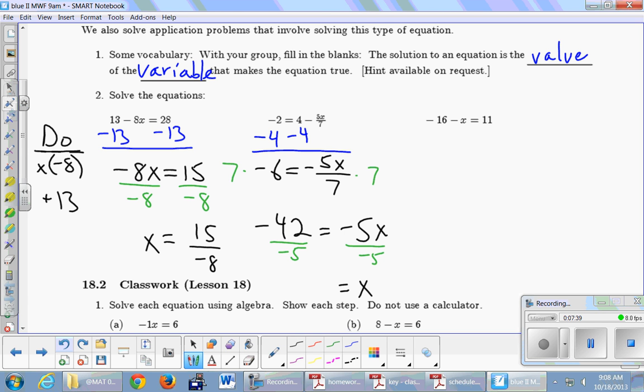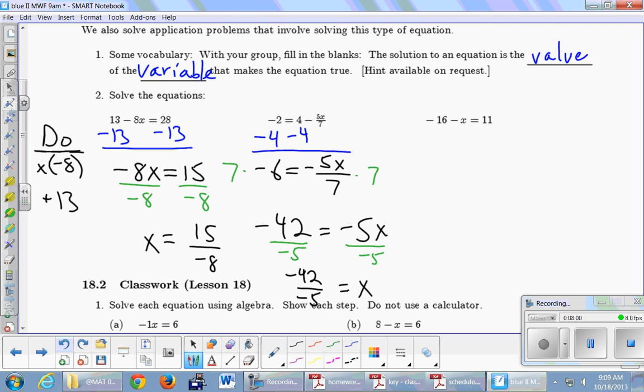X equals. Okay, given what I just said about fractions and mixed numbers and decimals, how would I like you to write this answer? As a fraction. What fraction? -42 over -5. You just leave it. It would.